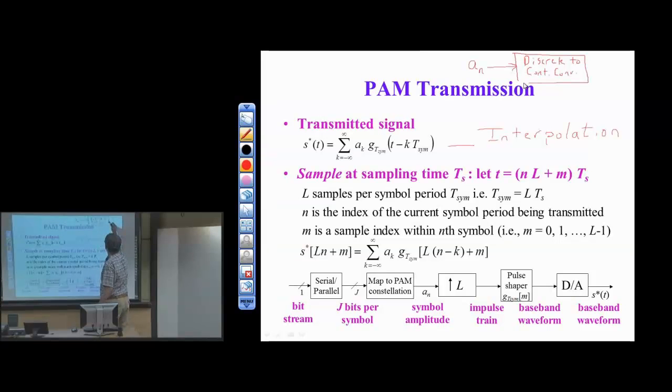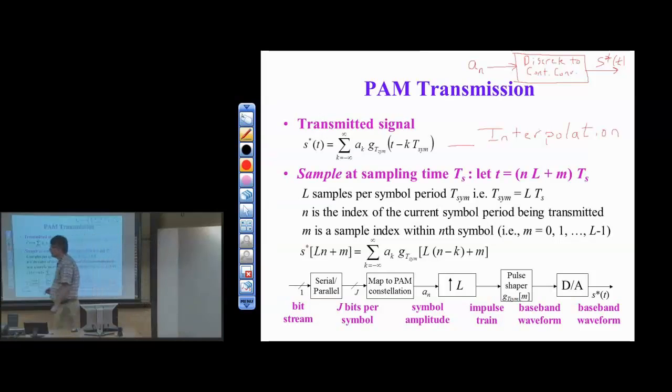This is exactly interpolation, and I get out this continuous time analog waveform. I can sample this equation that relates the input A of N, my stream of symbol amplitudes, with the output x(t). If I sample this, I'll get an equivalent implementation using upsampling, FIR filtering in discrete time, and then we'll use the digital to analog converter to convert from digital discrete time to analog continuous time.